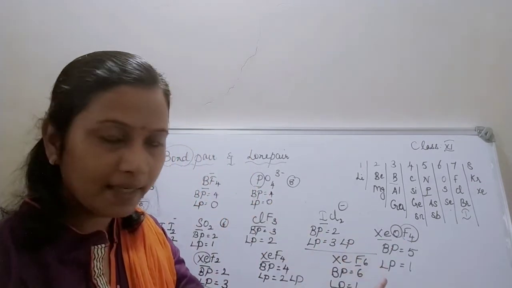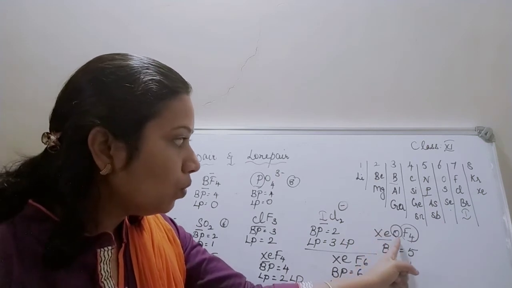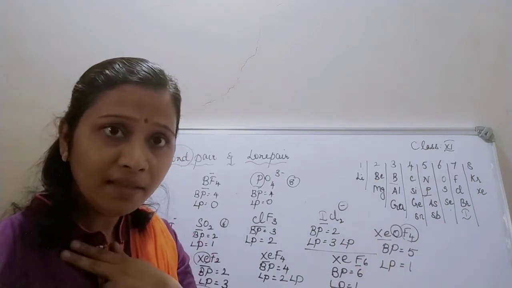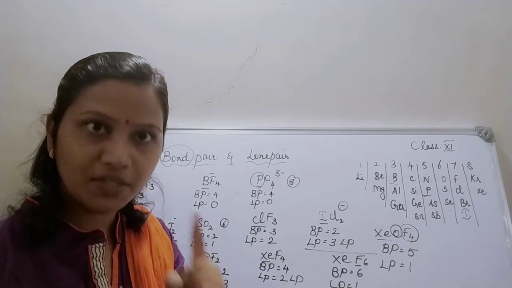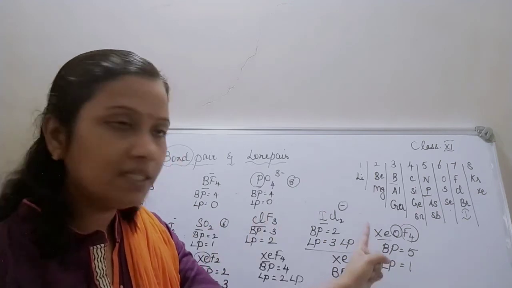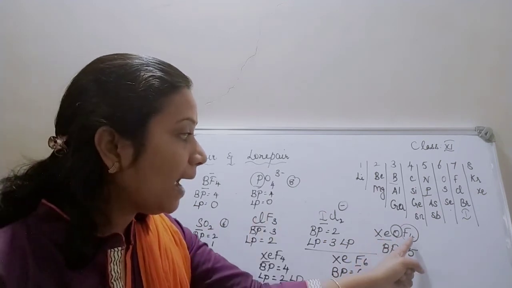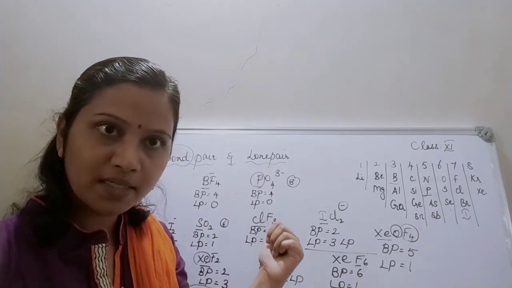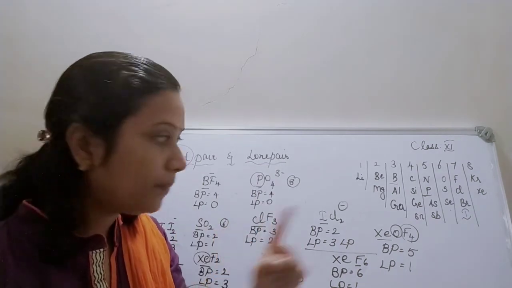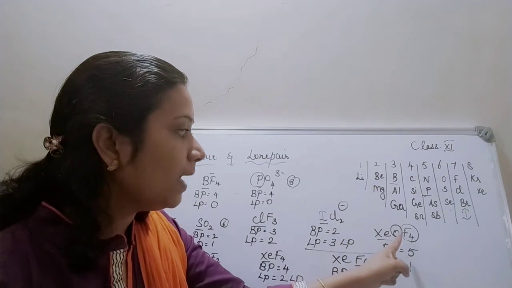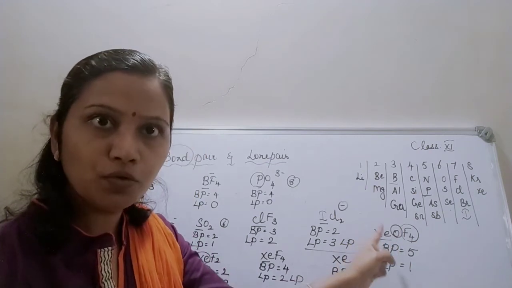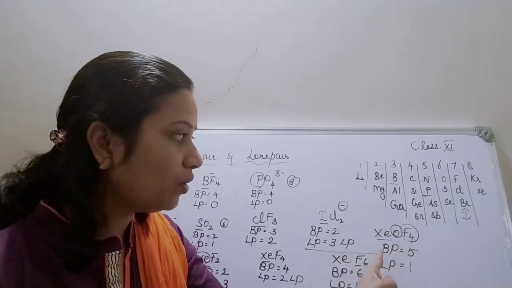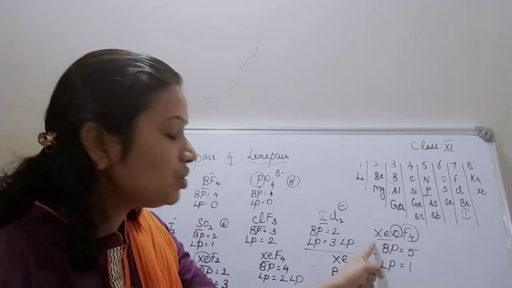Shall I repeat this again? Yeah. XeOF4. In this, I have identified my central atom. My central atom is xenon. Okay. How many atoms are directly bonded to the central atom? That is called the bond pair. So, here 4 fluorine and 1 oxygen atom are bonded. So, 4 plus 1 is equal to 5. Bonded pair is 5. Now, let me check the lone pair.